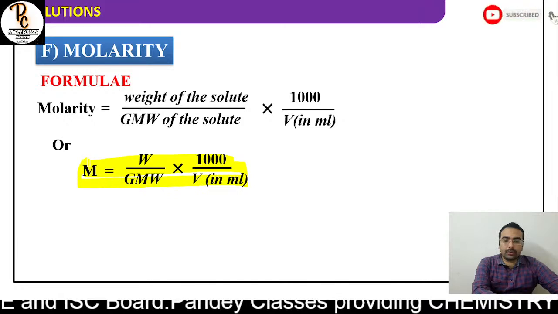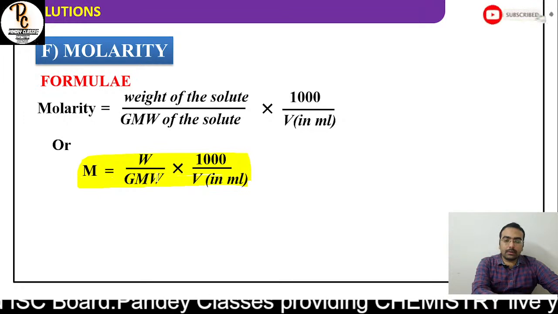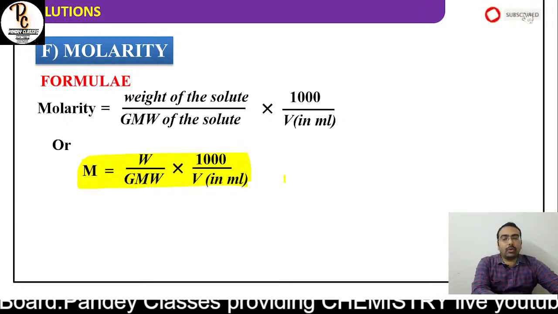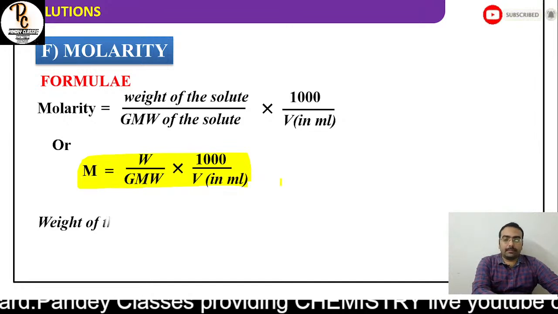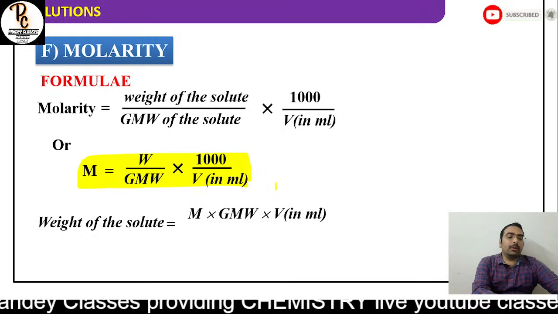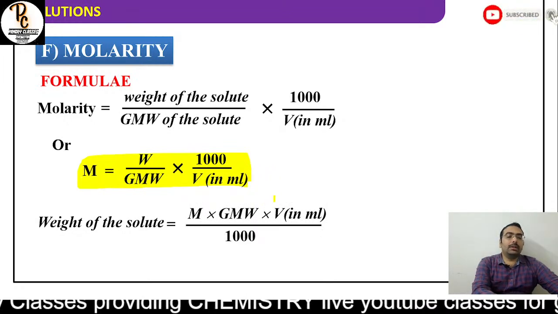As I told you, number of moles is not always given here. So weight of the solute equals M into GMW into V upon 1000.